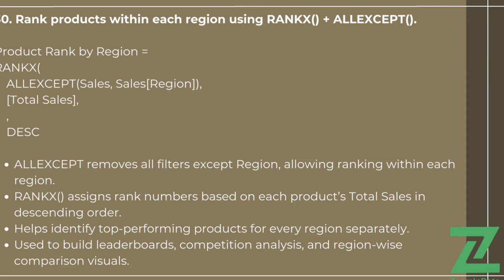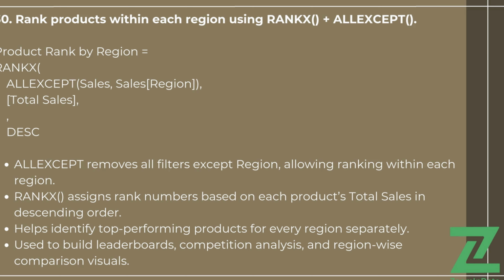30th question. How can products be ranked within each region using RANKX and ALLEXCEPT in DAX? The ALLEXCEPT function removes all filters except for the region, allowing ranking within each region. The RANKX function assigns rank numbers based on each product's total sales in descending order. This helps to identify top-performing products for every region separately.